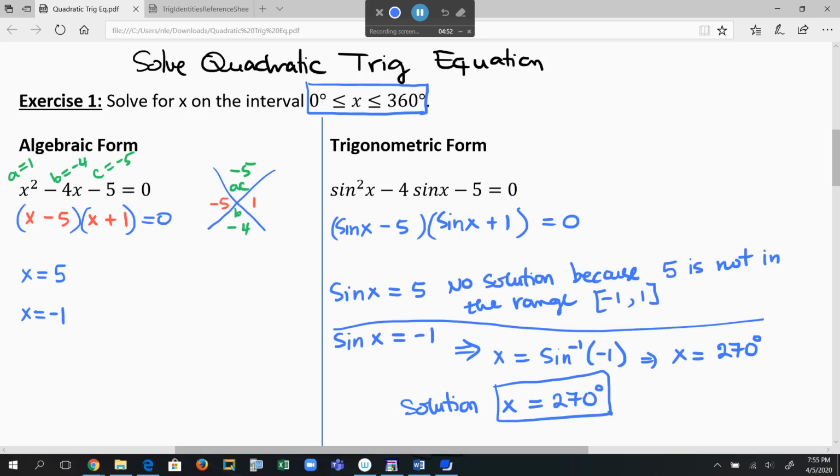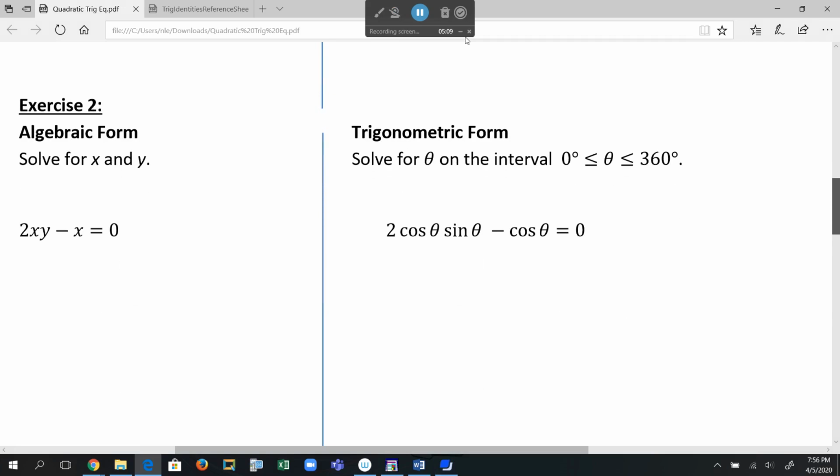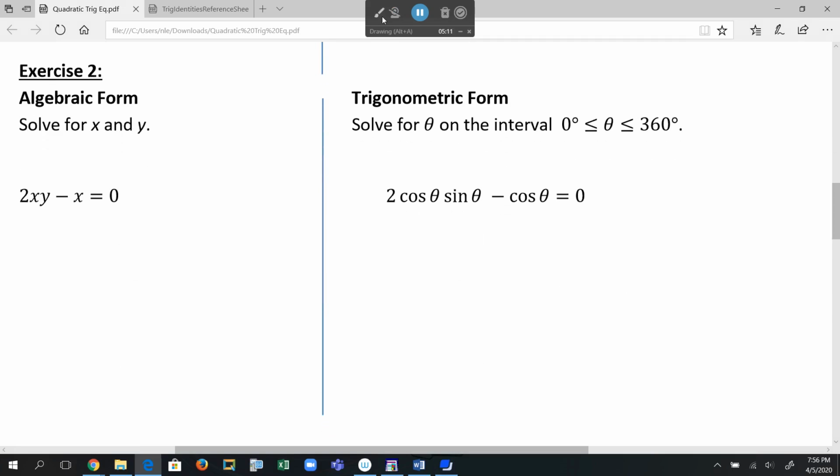Okay, let's look at the next example. Again, we are going to solve this trigonometric equation.